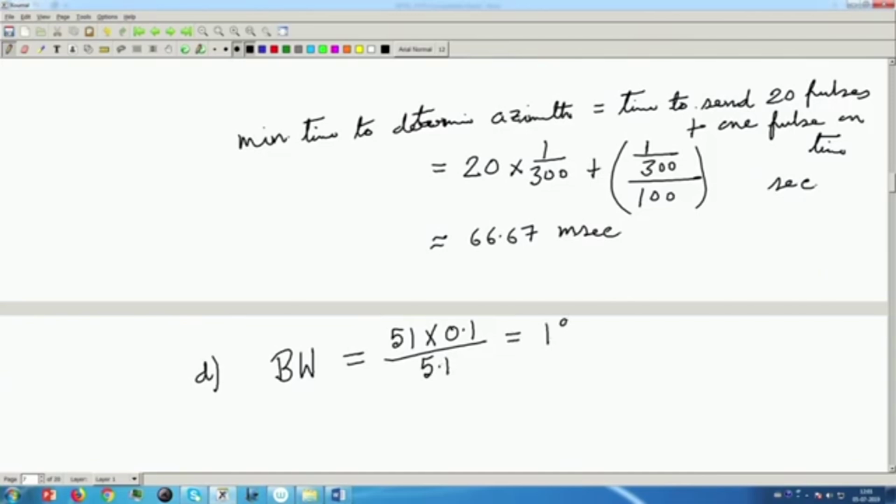This comes to be 1 degree. So, 1 degree, 30 degrees to be searched. So, 30 beam positions are required now.